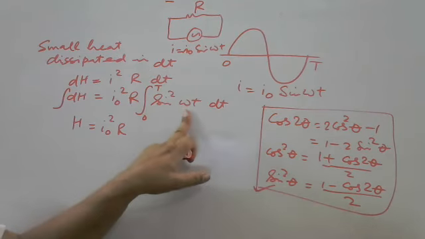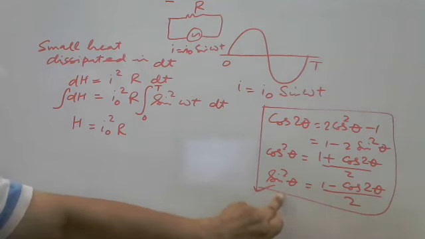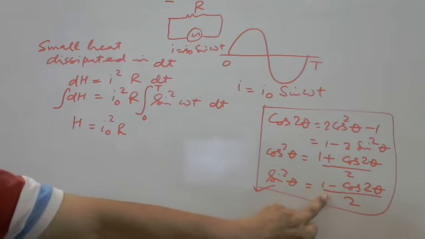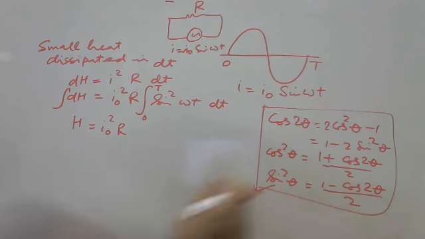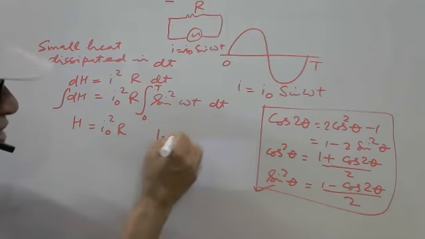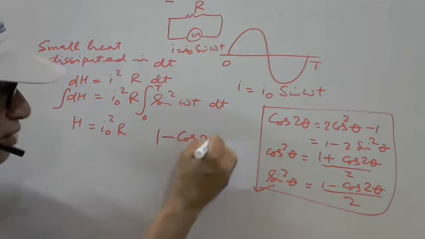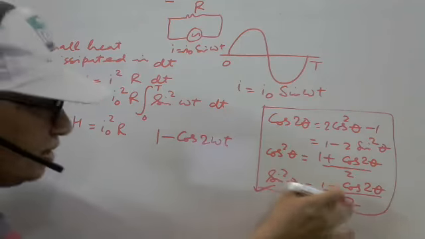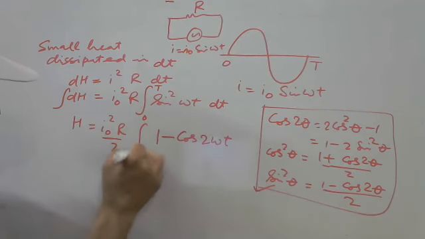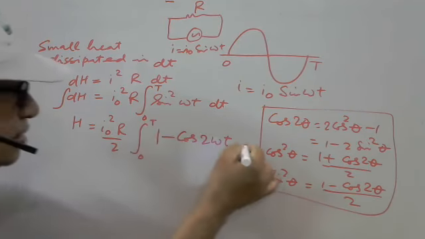We are replacing here sin square theta. Theta here is omega t. So sin square omega t can be written as 1 minus cos 2 omega t divided by 2. The 2 comes here, and we are integrating from 0 to t. This is the limit.